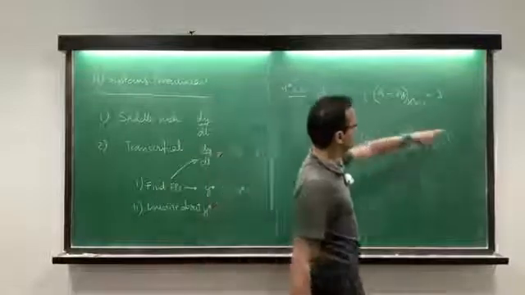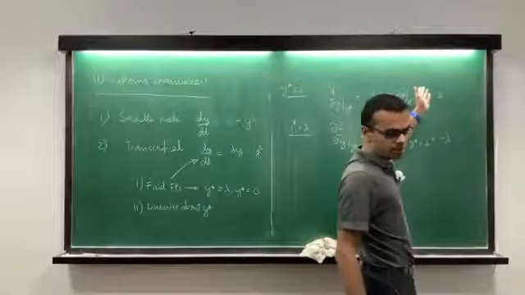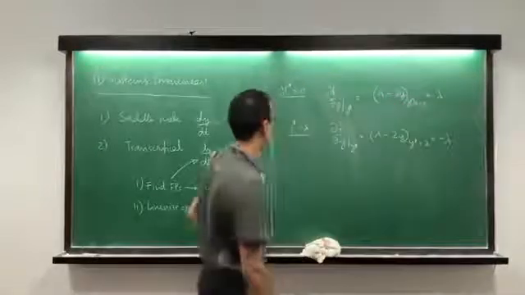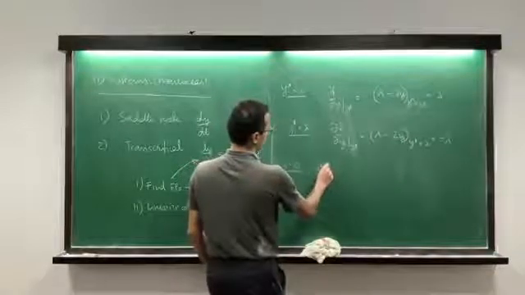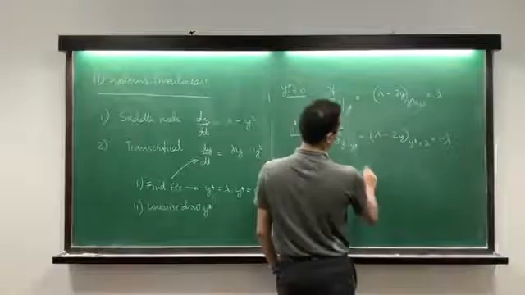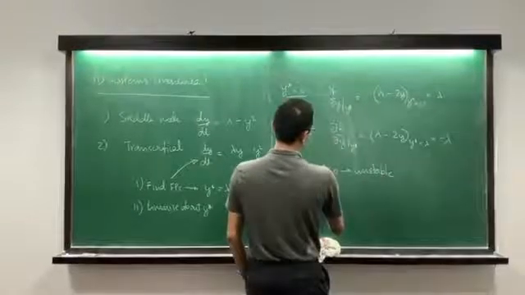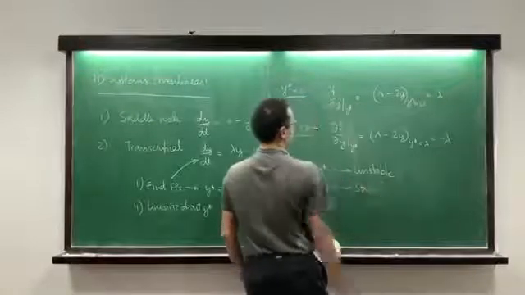Now again, the linearization tells us that whenever this is positive, it's an unstable fixed point. Whenever it's negative, it's a stable fixed point. So when lambda is positive, then y star equals 0 is unstable, and y star equals lambda is stable. Okay, from a fixed point of view.